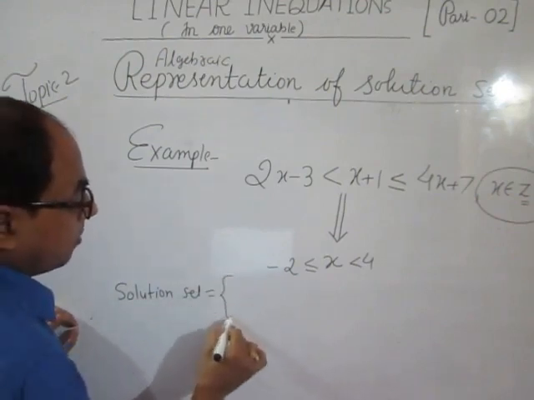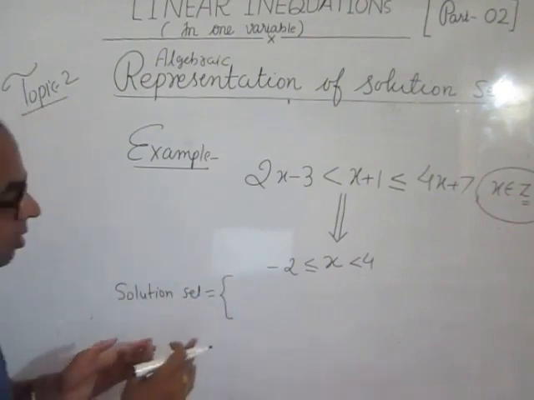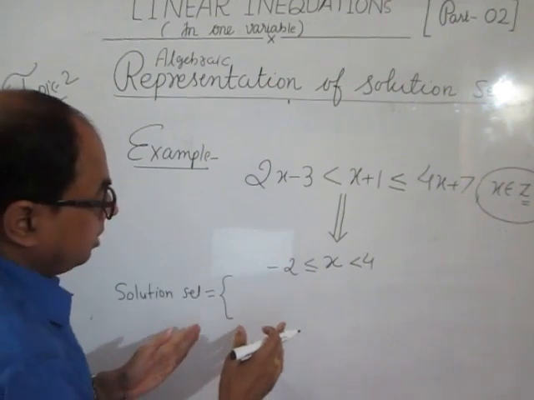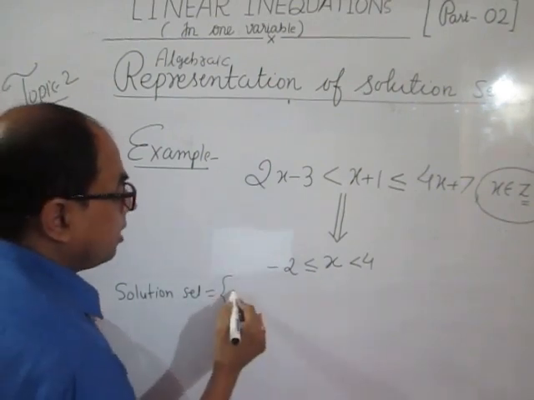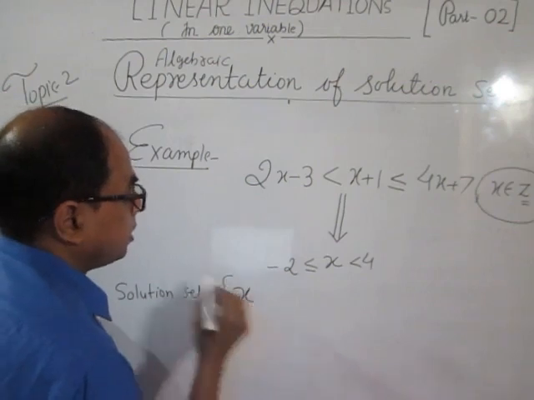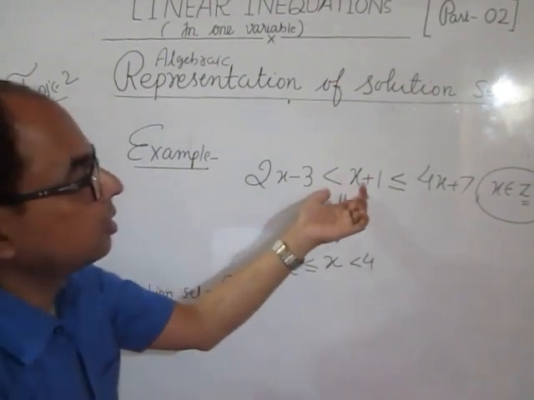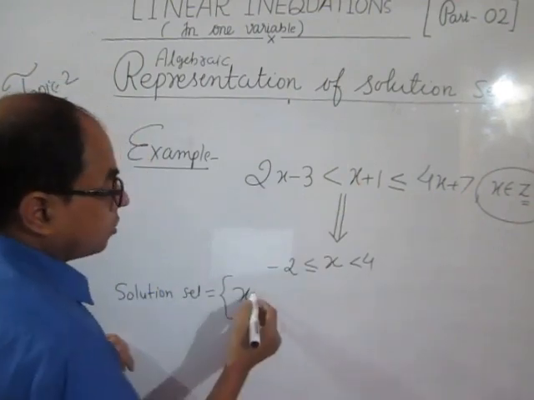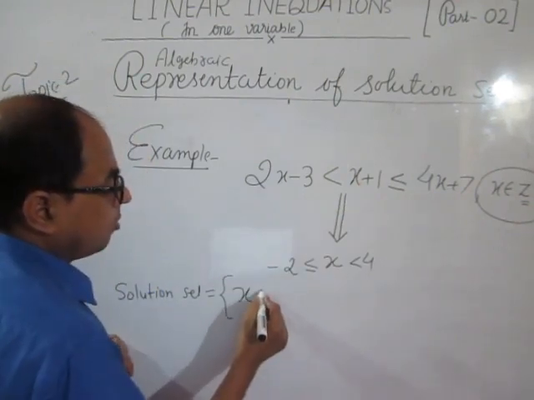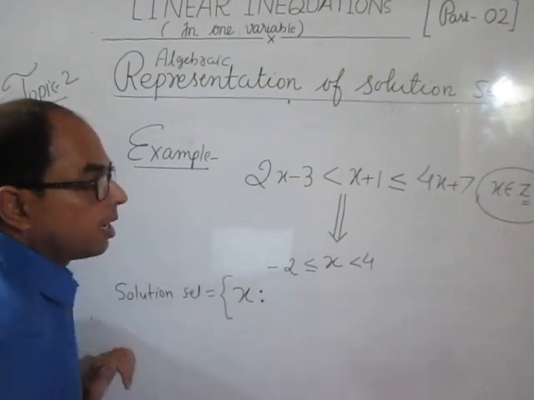Put here a curly bracket, because elements of sets are always written inside a curly bracket. Now write the variable used in the inequation. Here in this inequation, the variable is x. So write here variable x such that, this is the symbol for such that.